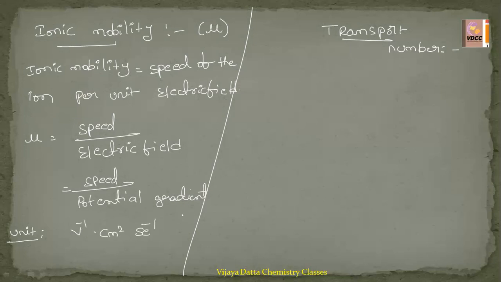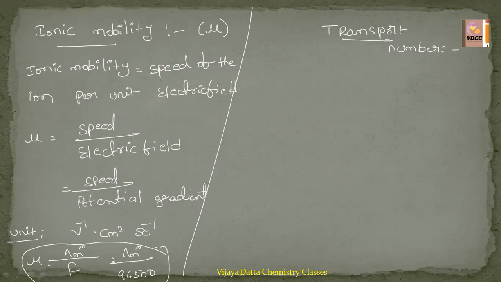Okay, see, for ionic mobility we can also use standard molar conductances. Ionic mobility mu equals molar conductance by Faraday, meaning molar conductance by 96,500. This is also helpful for the exam. If you want to go clearly about this ionic mobility, you can take it for the cations and anions also.